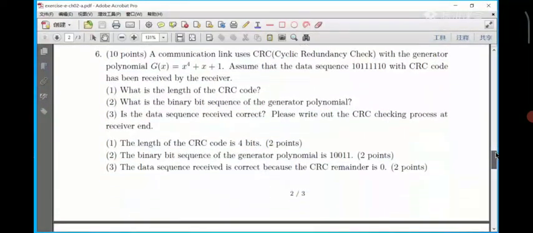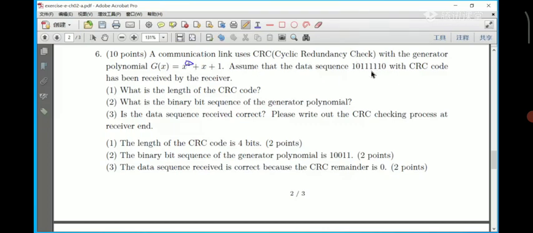Question 6: a communication link uses CRC with the generator polynomial x^4 + x + 1. Assume the data sequence is received with the CRC code. Here it is 4, right?